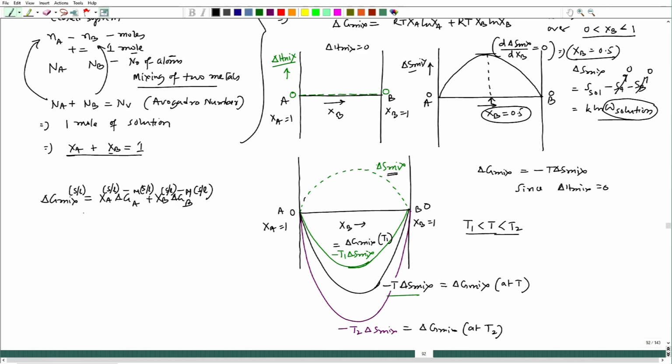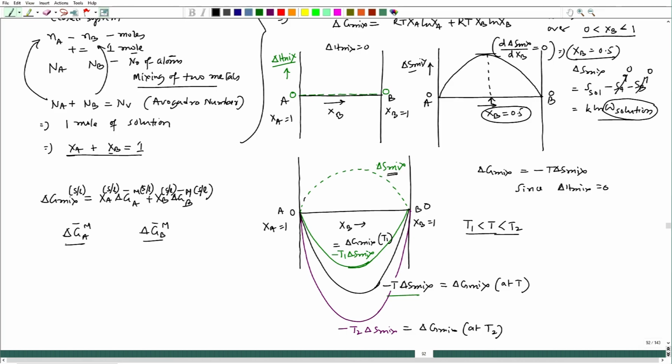You cannot mix x_A and x_B for solid and liquid, or delta G_A bar M as well as delta G_B bar M for solid and liquid. So, one quantity is for solid, another quantity is for liquid. You cannot do that. Okay? It has to be for the same solution. Once you write that, we can actually get the expression for delta G_A bar M as well as delta G_B bar M.